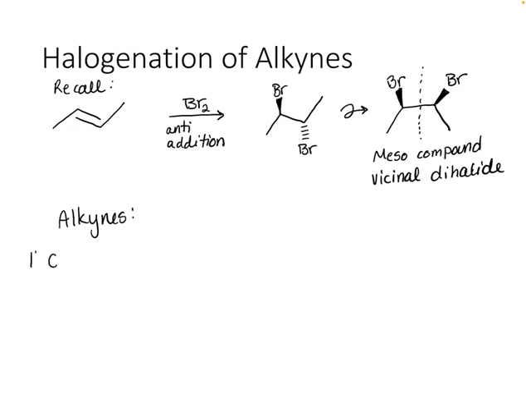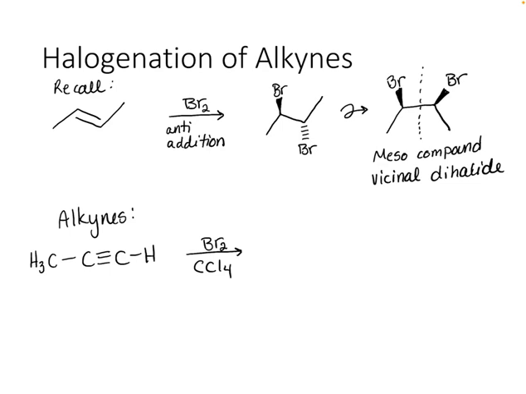So let's just draw a terminal alkyne, and we're going to add Br2 to this alkyne. And we do need one more reagent to help us along, and that is carbon tetrachloride. Now, unfortunately, the mechanism for this reaction isn't well understood, so I can't really tell you how this occurs, but what essentially happens is the bromine atoms can either add opposite each other, or they could add to the same side.